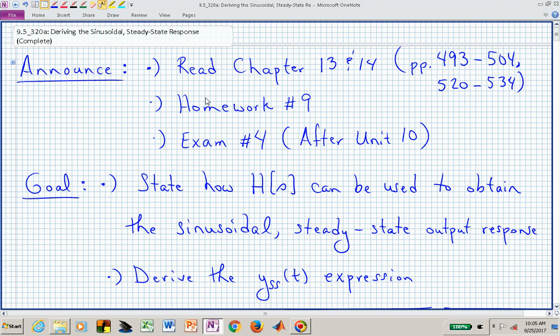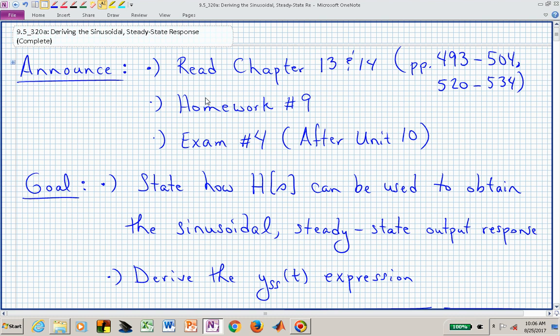Unit 9 is dealing with transfer functions, and in this video, what we want to focus on is the sinusoidal steady-state response. How do we use the transfer function to rather easily find the sinusoidal steady-state output response when we shake the system, when we excite the system at a particular frequency, let's say omega naught radians per second?